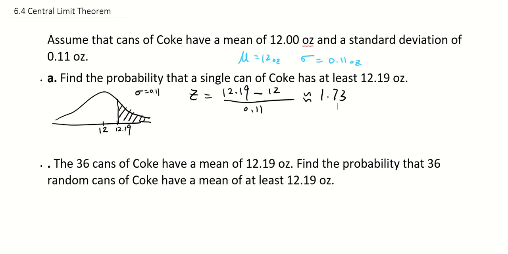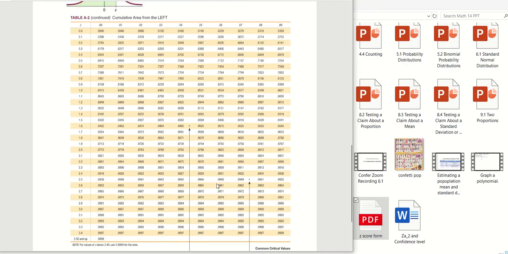And then in the z-table, you want to find the corresponding area. So this is the z-score table, and the z-score of 1.73, the area to the left of that z-score is 0.9582.